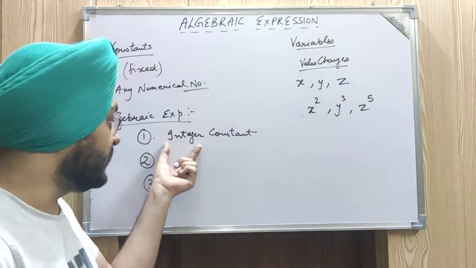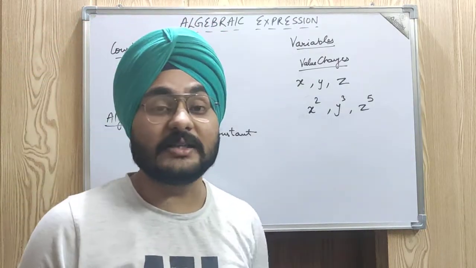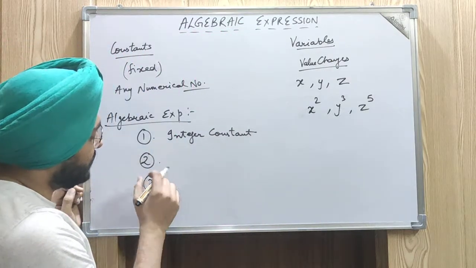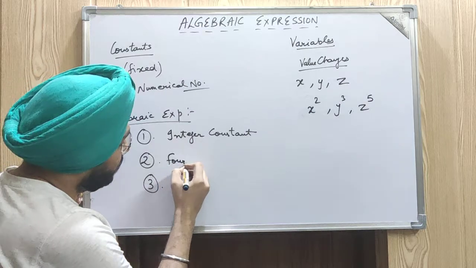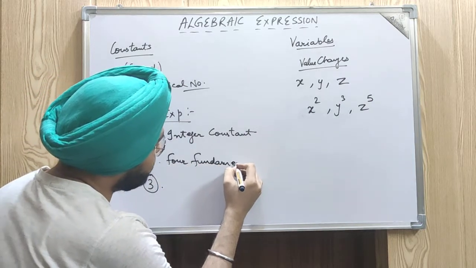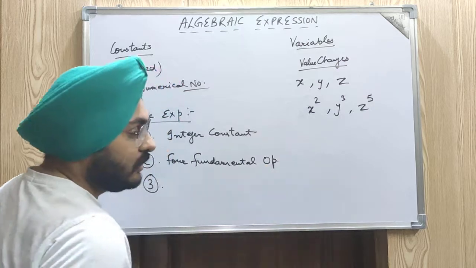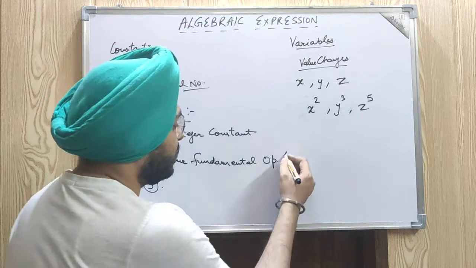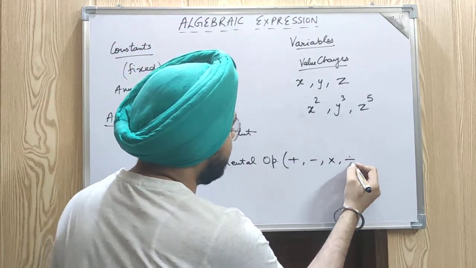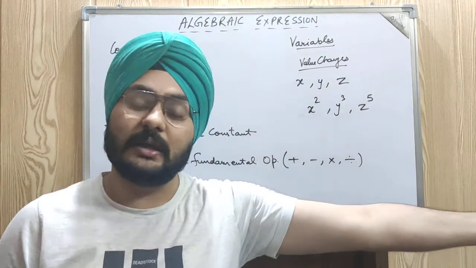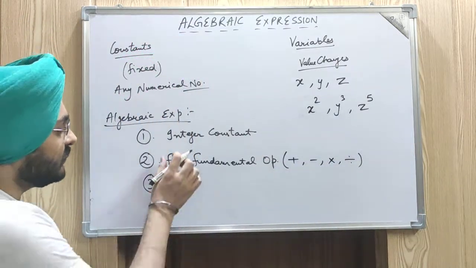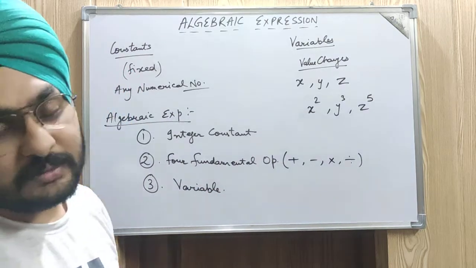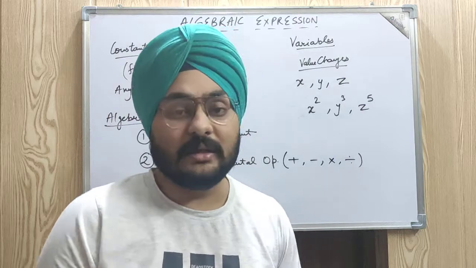The second thing is the four fundamental operations. What are those four fundamental operations? The signs which you are using, that is addition, subtraction, multiplication and division, the plus, minus, multiply and divide sign. The third thing is the variable, a simple variable with power as anything.